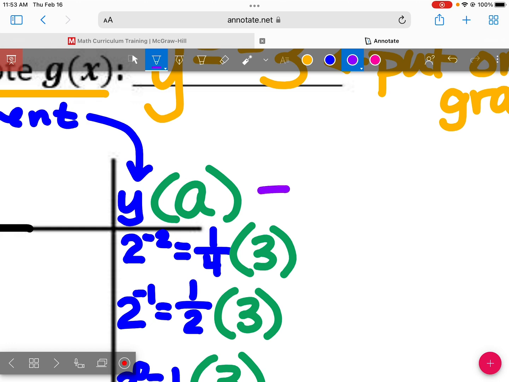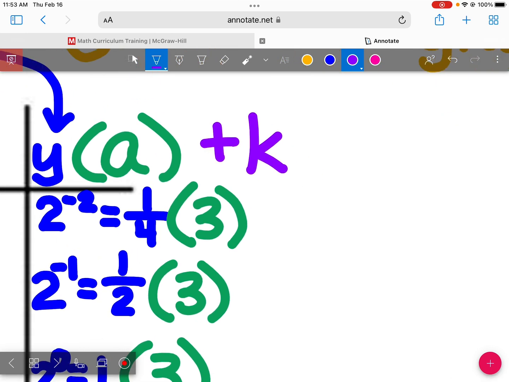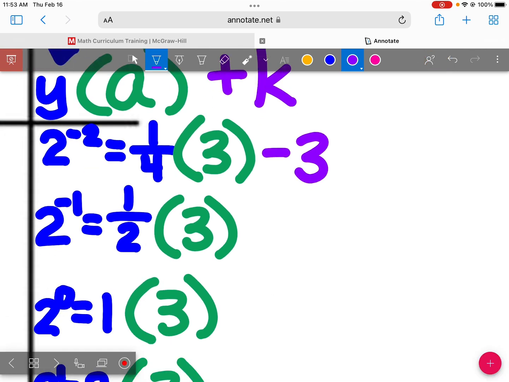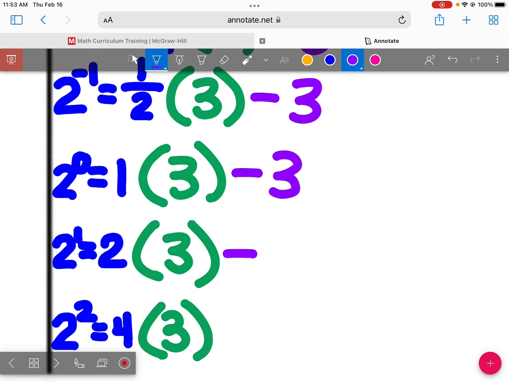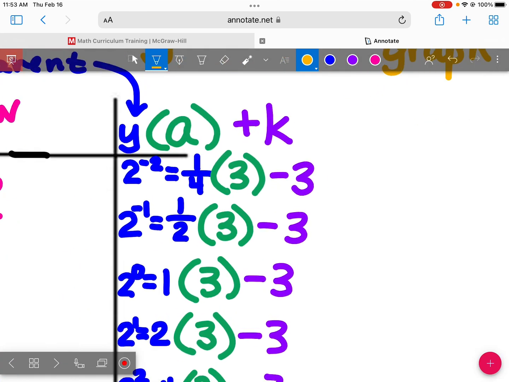So you add a minus 3? Yep, adding a minus 3 is the same thing as subtracting 3. So I'm going to put a minus 3 at the back of each of these. It's going down, so I'm subtracting.